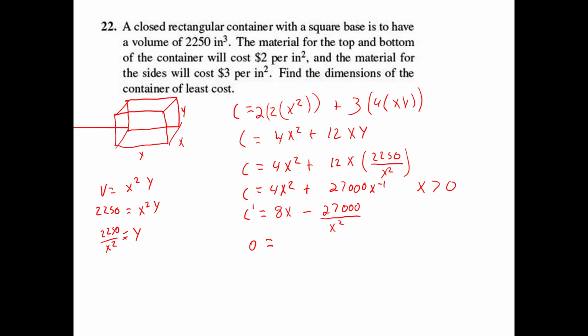And when I do that, if I multiply both sides by x squared, I will get 8x cubed minus 27,000. Now we could add 27,000 to both sides. 27,000 is equal to 8x cubed. 27,000 divided by 8, 3375.